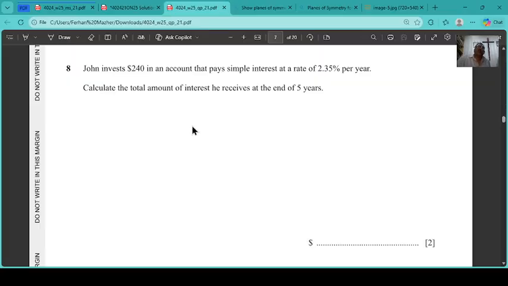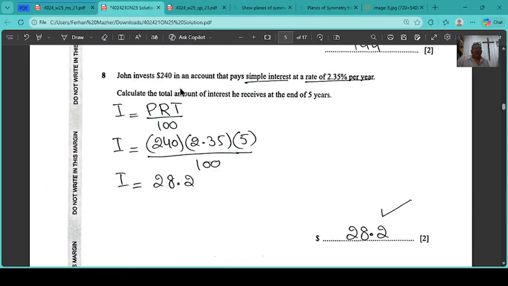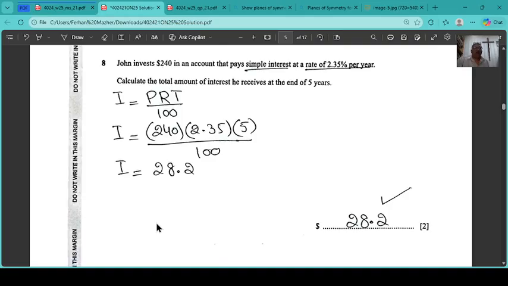So this question is about simple interest. We can calculate simple interest very easily. I is equal to PRT divided by 100, where P is the principal amount, R is the rate of interest, and T is the time duration. So put the values.